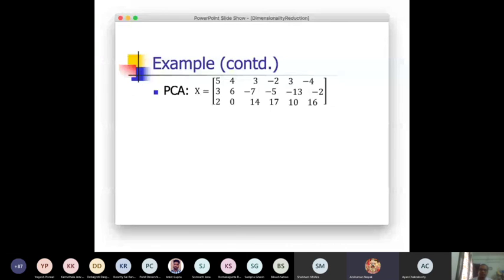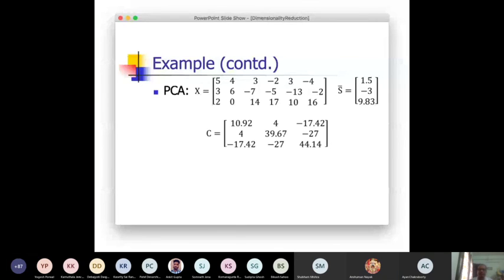So you should tell me what you are going to do for finding the principal component. What should be the first step? Finding the mean. Okay. Then you have to find the difference, and then the covariance matrix. I hope you'll be able to find the covariance matrix by doing that.